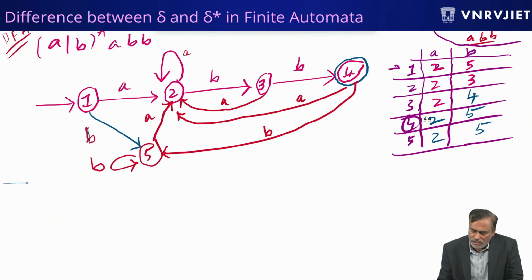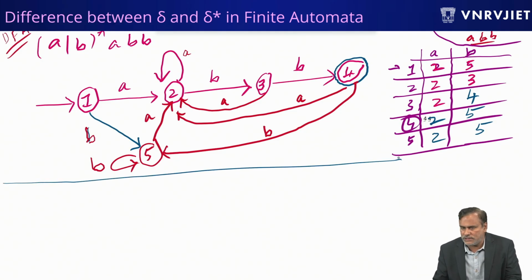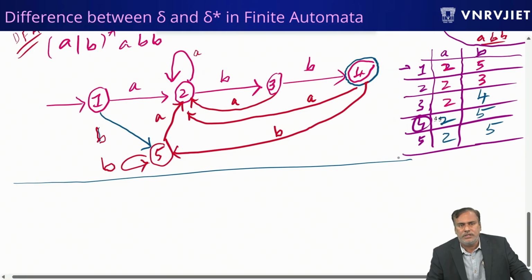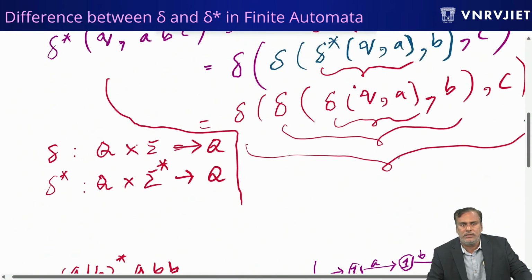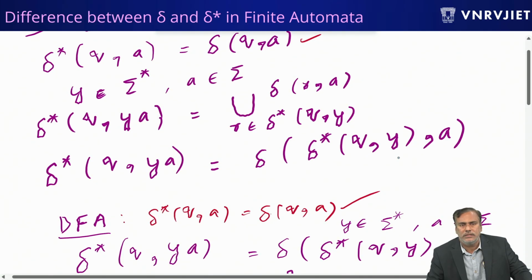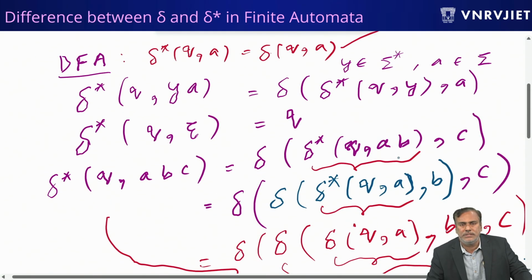So now I have discussed about this transition. There is difference between delta and delta star with respect to this DFA in the second slide. Let me quickly move to that and show that.